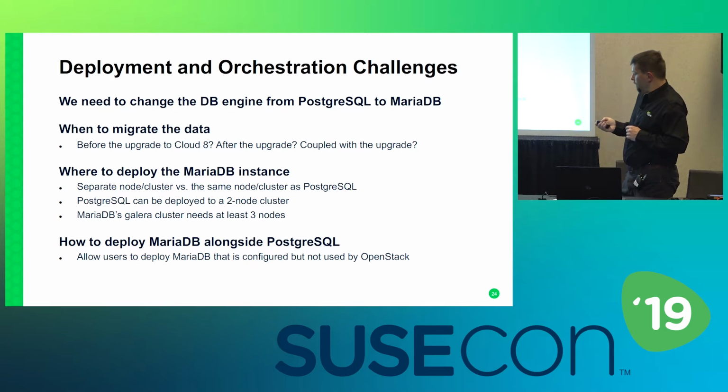With one exception. In an HA setup, Postgres was using only a cluster of 2 nodes and using DRBD as a synchronization mechanism. But MariaDB's HA setup, which is called Galera, needs at least 3 nodes. Well, this is not technically true if you know how Galera works.